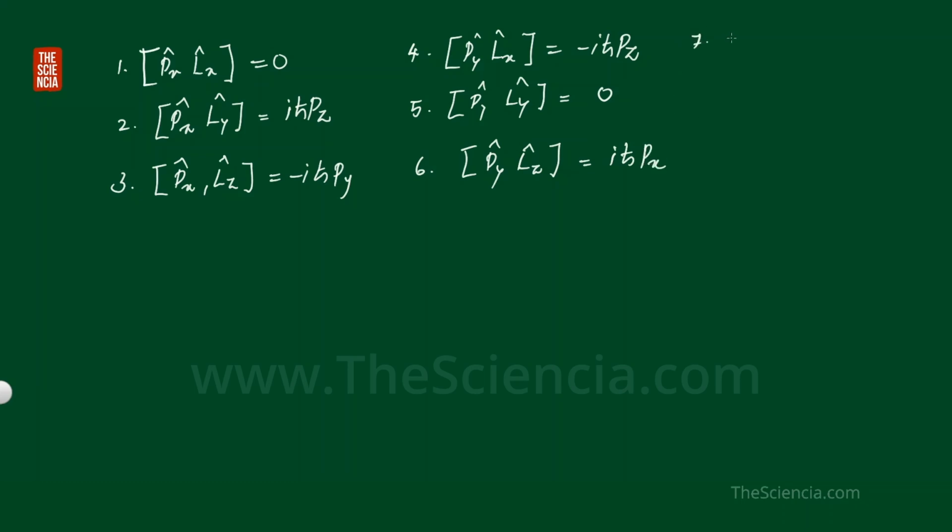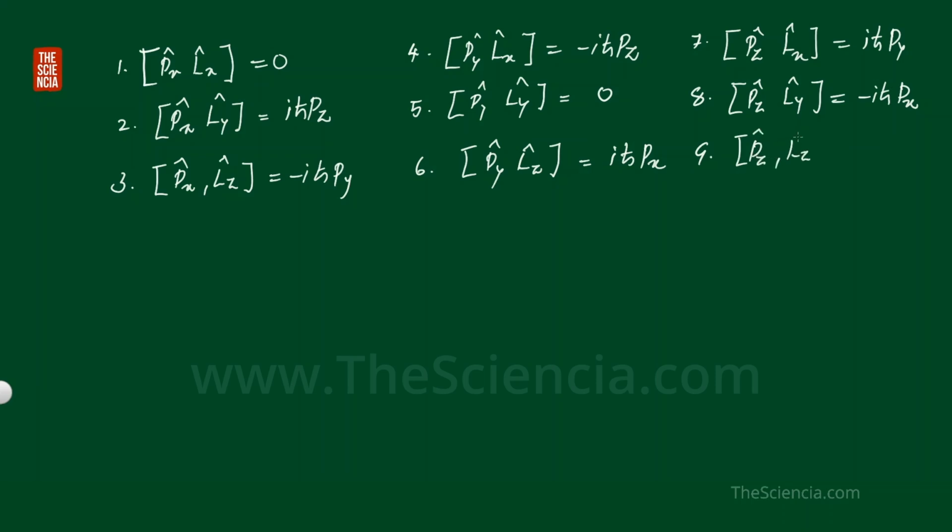And the other combination, that is the commutator [Pz cap, Lx cap], you will get this is equal to I h cross Py, and the commutator of Pz cap with Ly cap we will obtain as minus I h cross Px, and the ninth one you will get [Pz cap, Lz cap] is equal to 0.